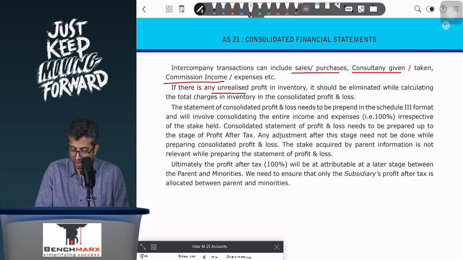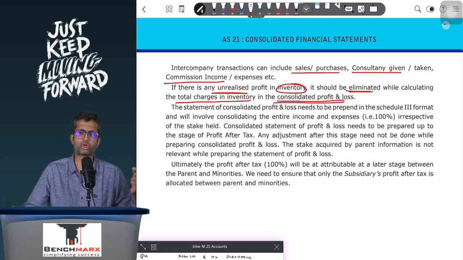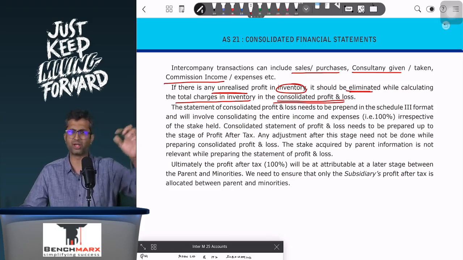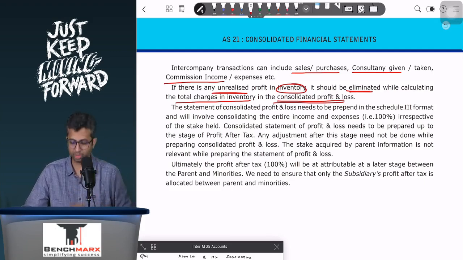If there's any unrealized profit in inventory, it should be eliminated while calculating the total changes in inventory in the consolidated profit and loss account. So from the closing stock you can eliminate it, or you can just find the changes in inventory, and from that you will eliminate the unrealized profit.